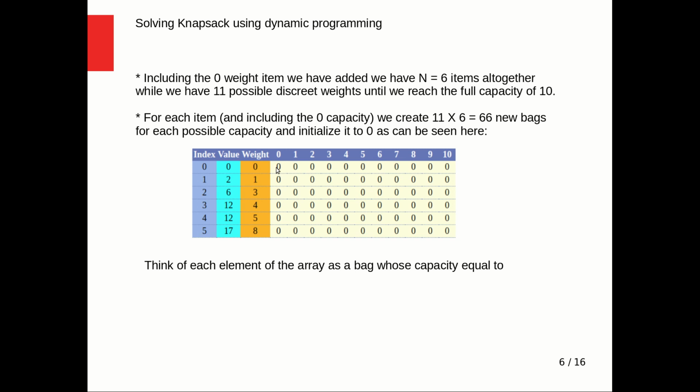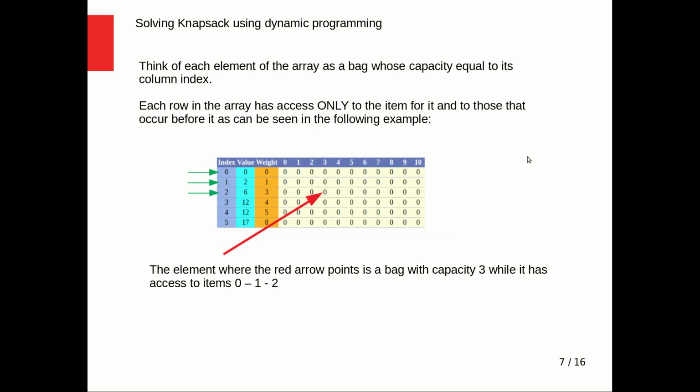So each cell, each element in this two-dimensional array, we can think about it like a bag. This is a bag that has some capacity, and we need to fill each of them with the maximum value that we can get from these items.